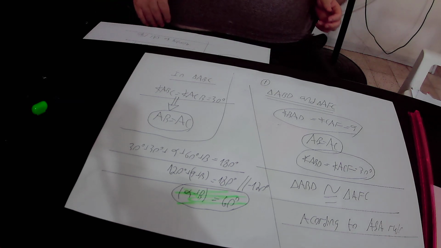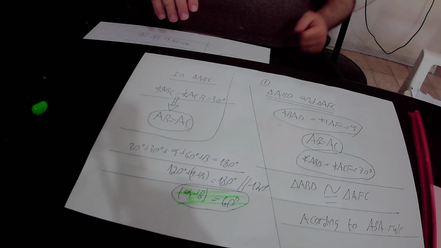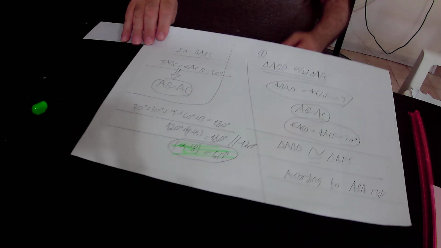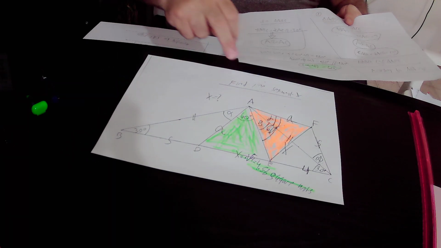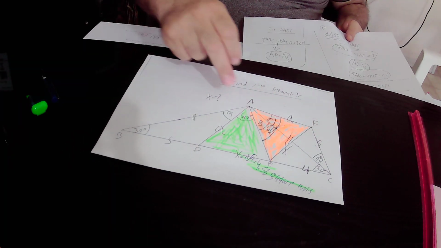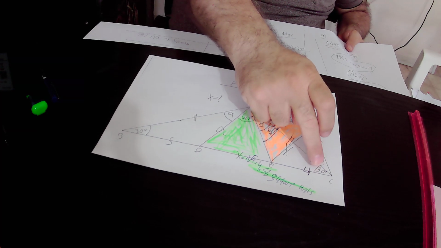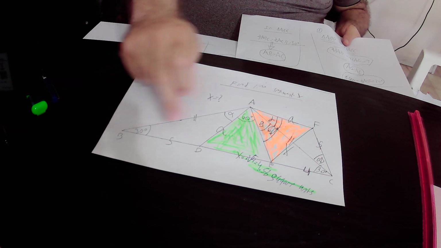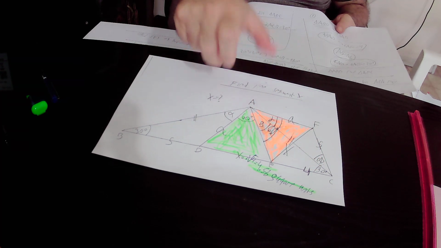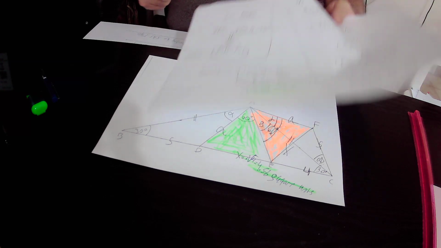And according to the rule that in front of equal angles in the triangle there are equal sides, we get that side AB equals side AC. Why? Because in front of this angle we have side AC, in front of this angle we have side AB, and those two sides must be equal to each other, therefore AB equals AC.